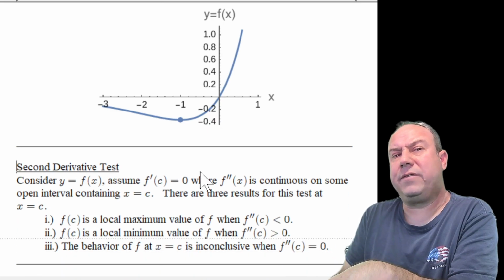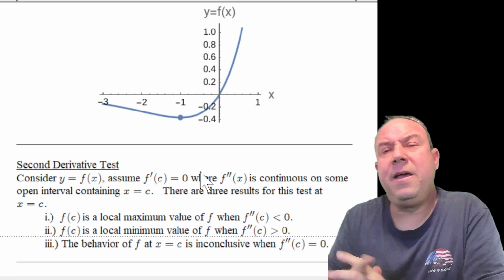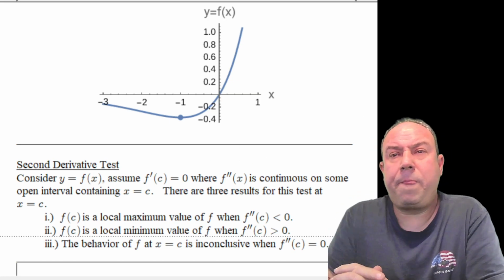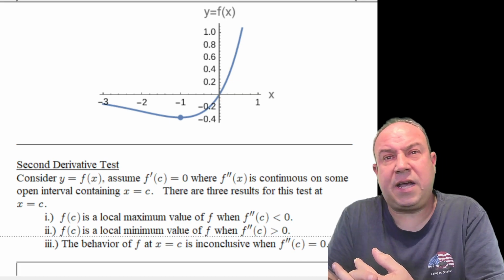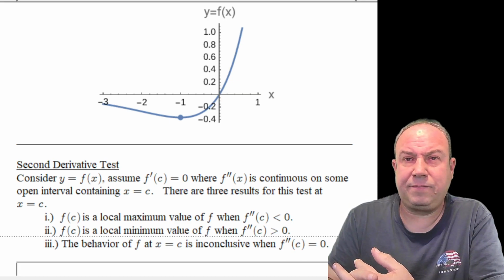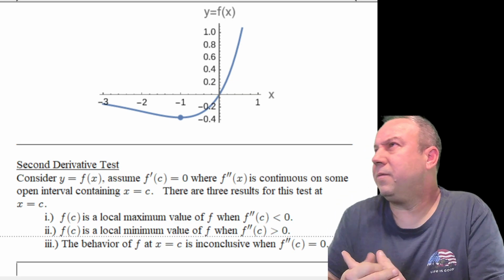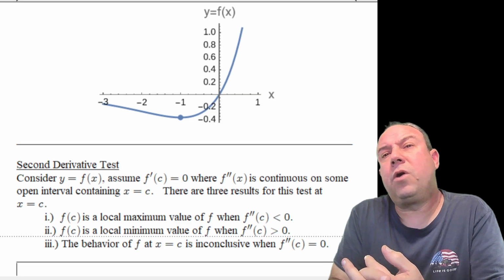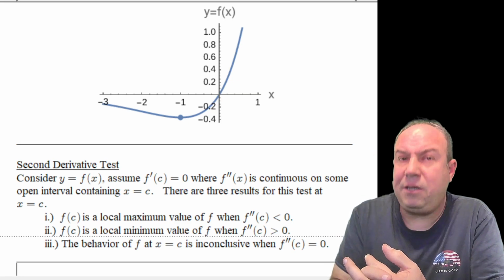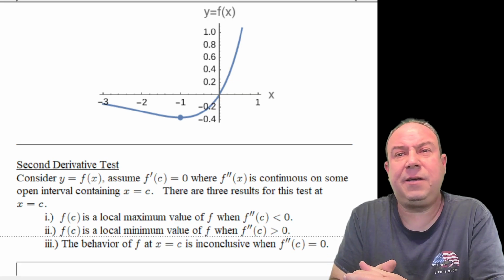The second derivative test says consider y equals f of x and assume f prime of c equals 0, where f double prime of x is continuous on some open interval containing x equals c.